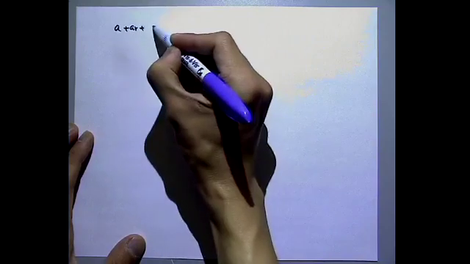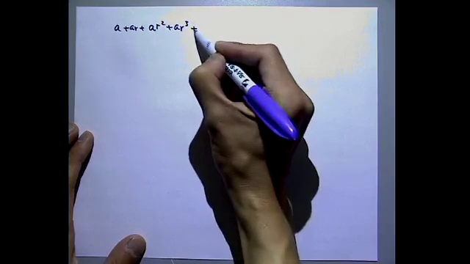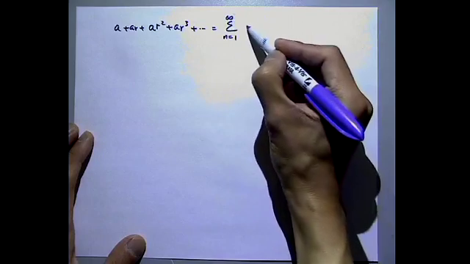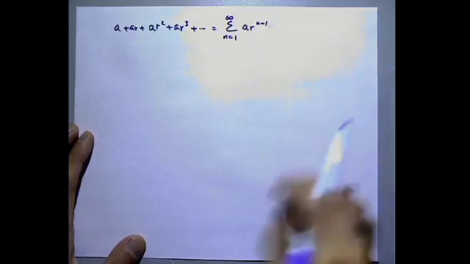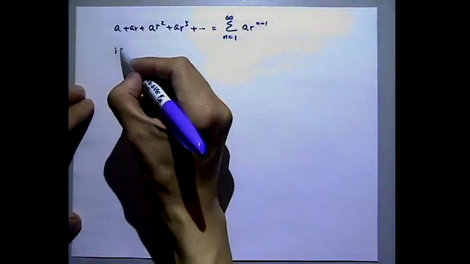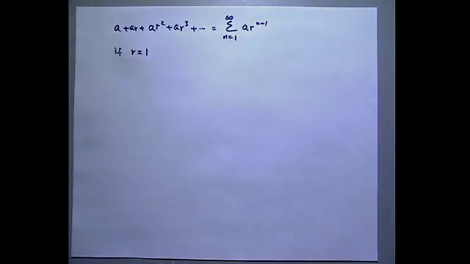So let me rewrite the series here. The condition has something to do with the common ratio. So for the moment, let's look at what happens when R, the common ratio, is exactly equal to 1.